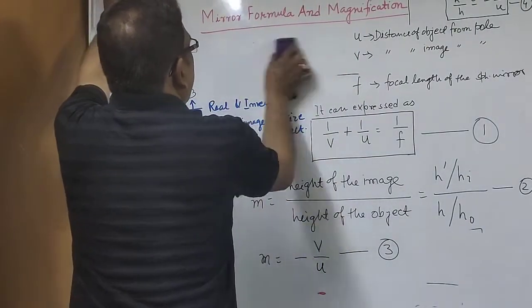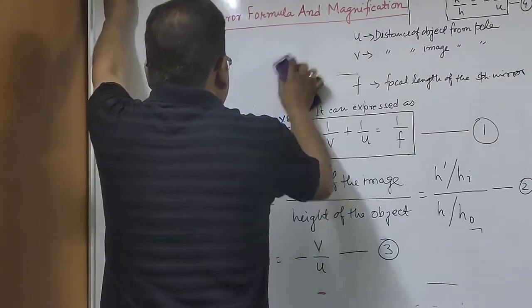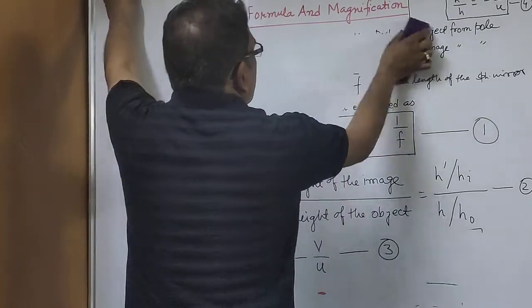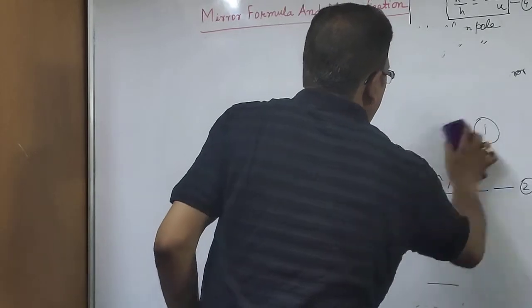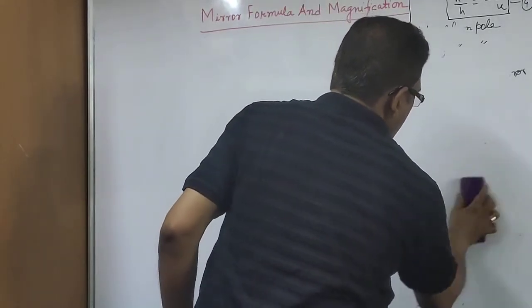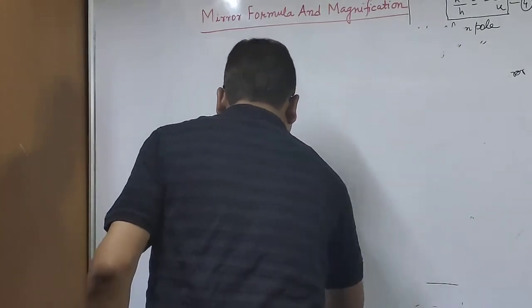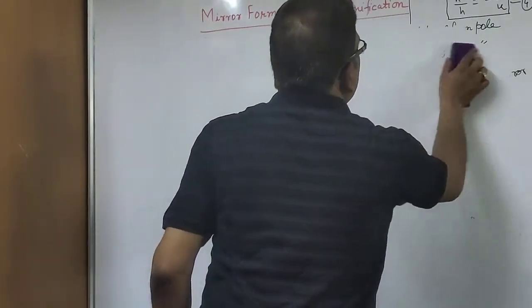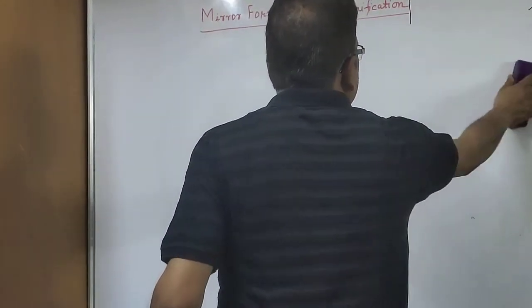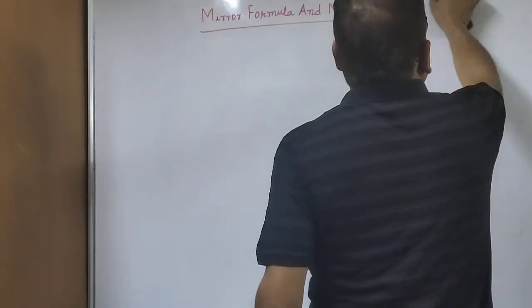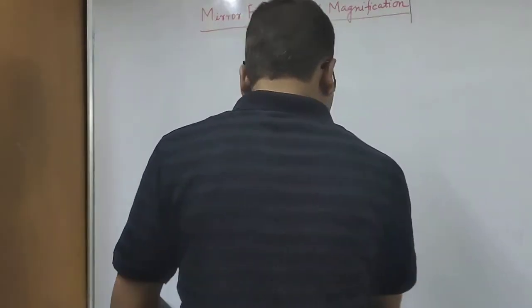So, chapter exercises, NCERT book, we are going to solve question number 14 first. Before that, we will write all the formulas on one side.